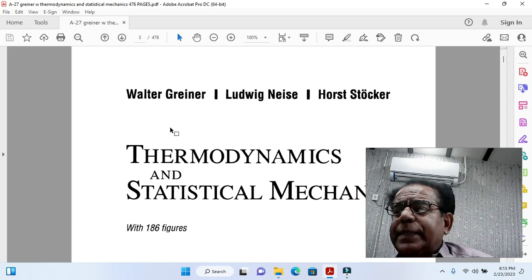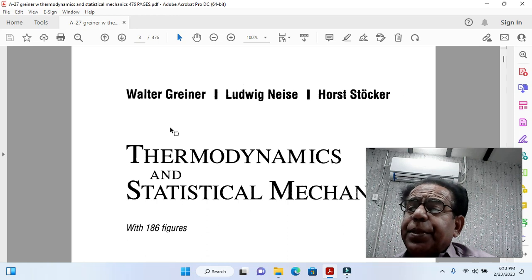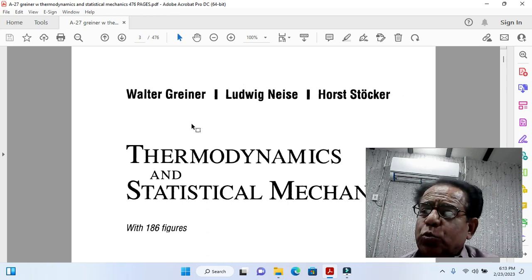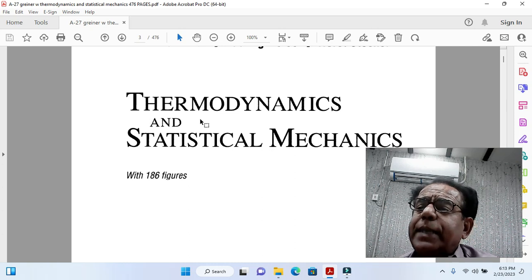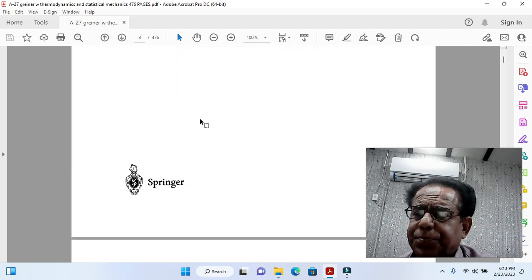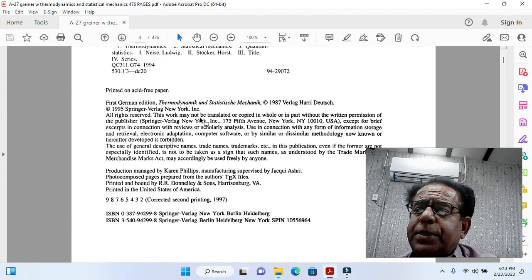Previously these names were given in a relatively reduced form, but here we have been able to see the full three names. Springer is its publisher. This book was published in the year 1995.